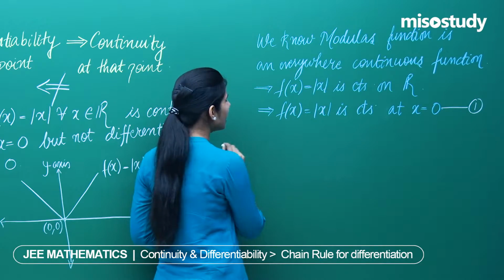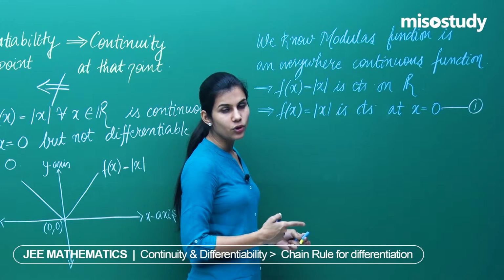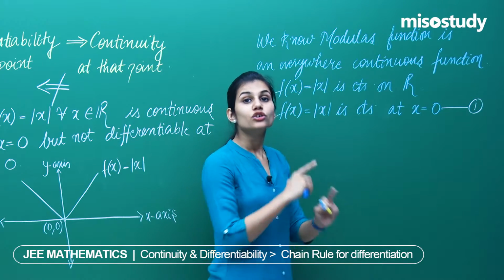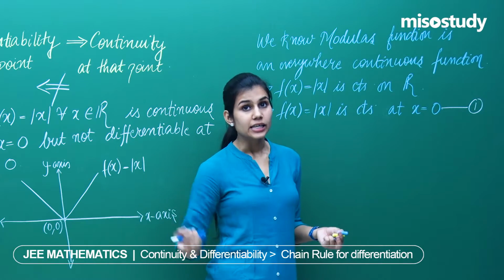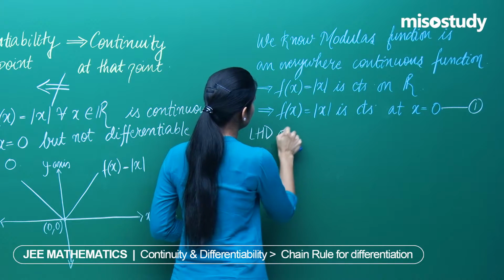Therefore, over here I will now calculate the left hand derivative of mod x at 0, then the right hand derivative of mod x at 0, and we will see that they do not come out to be equal, and then I will tell you the reason also. So let's begin with the left hand derivative.